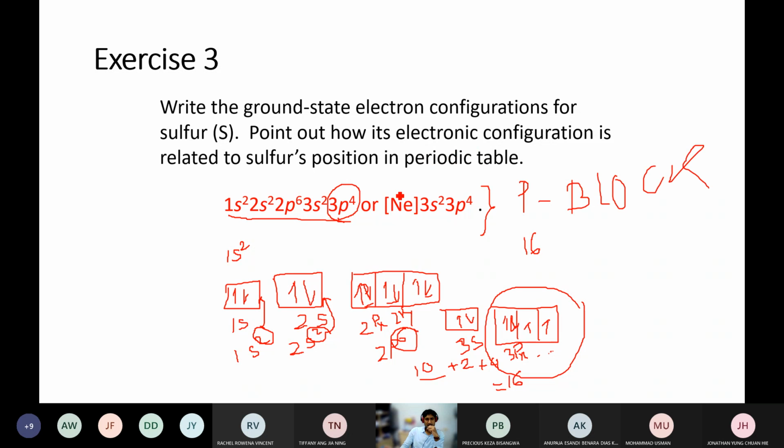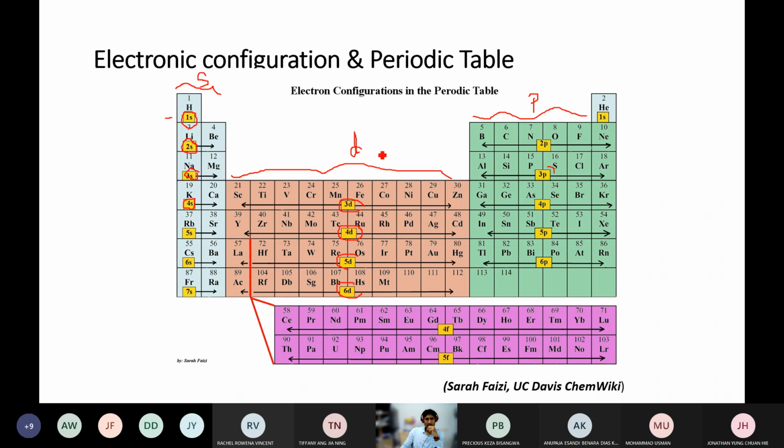So it is 3s and 3p. Here is 3p, so it is positioned in this place.